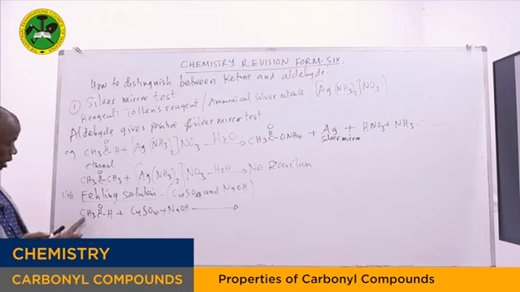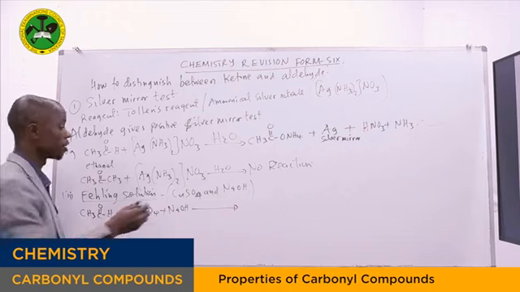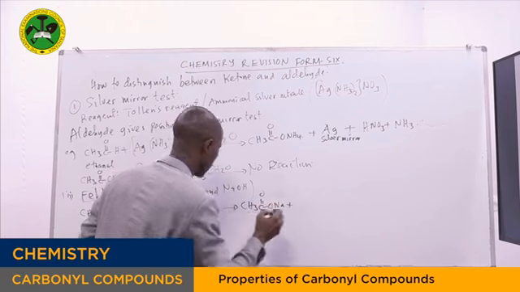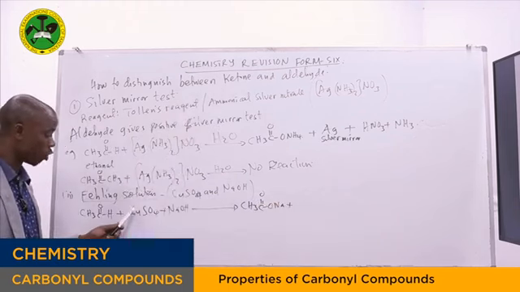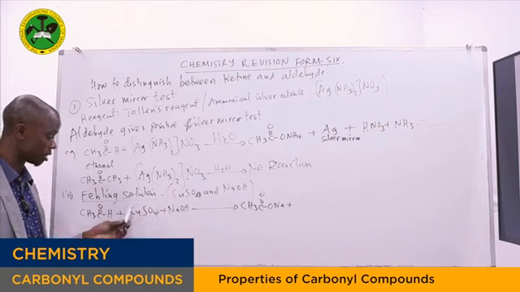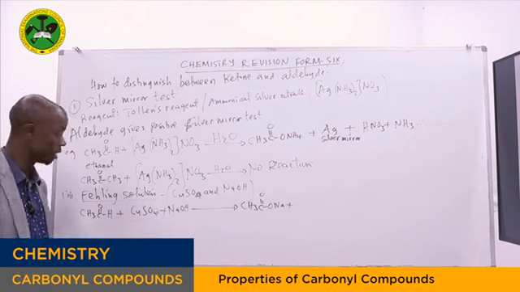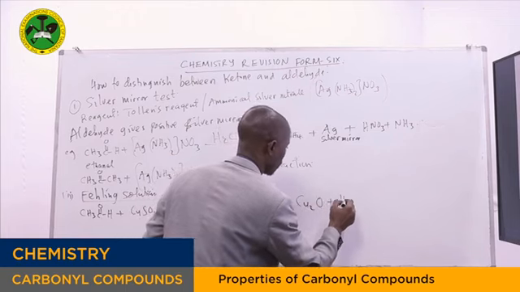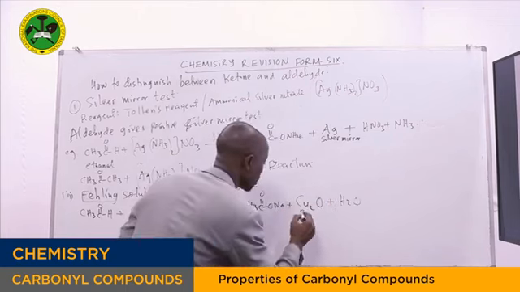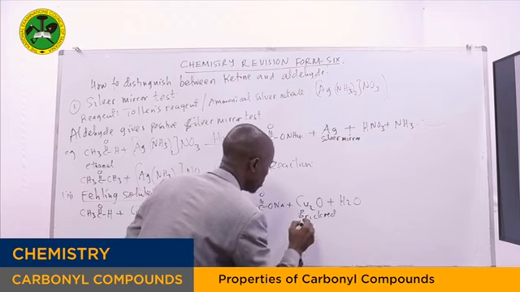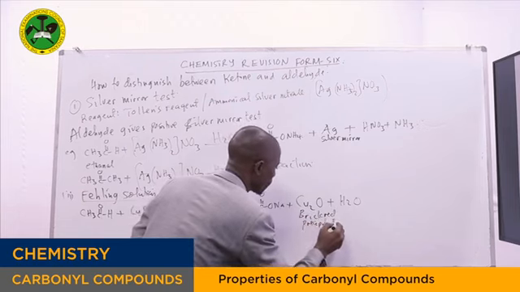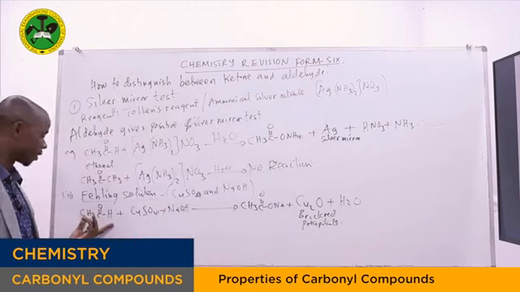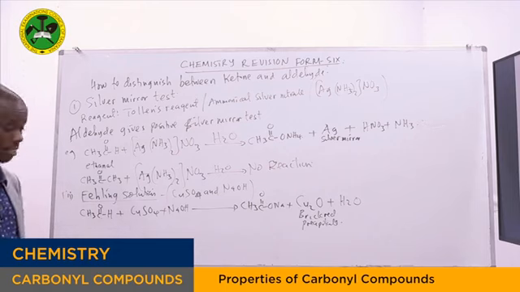Because there are two carbon atoms here, it will be sodium ethanoate, which will be written this way. And the copper 2 ion, which is present in the copper 2 sulfate in the solution, will be reduced into copper 1 oxide. So this one will look like a brick red precipitate. The presence of this brick red precipitate indicates that the organic compound that was in the solution is aldehyde.